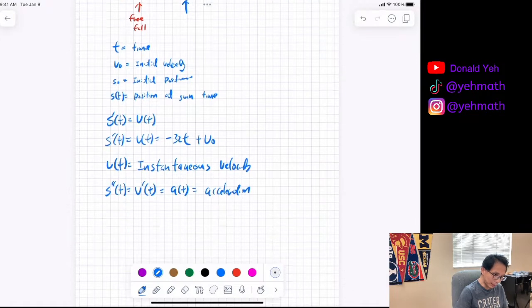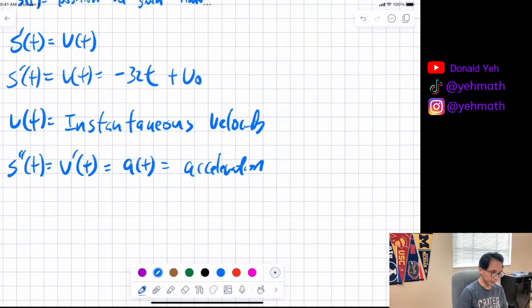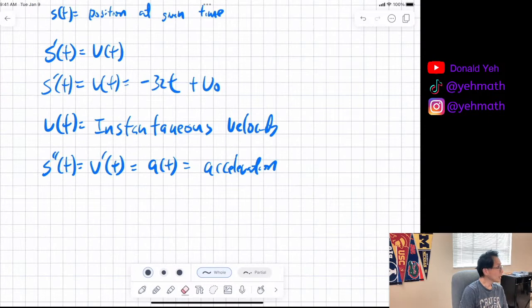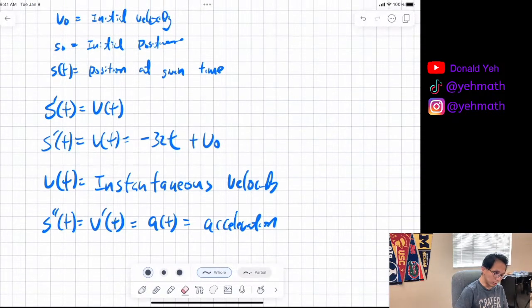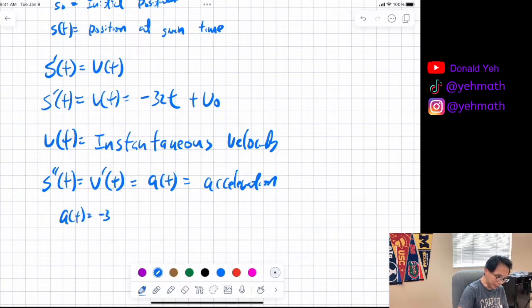Okay, so v prime of t equals a of t. If you take a derivative of the velocity function, it's going to give you a of t. Now, what's a of t here? It's always going to be negative 32, which is exactly the gravitational constant.